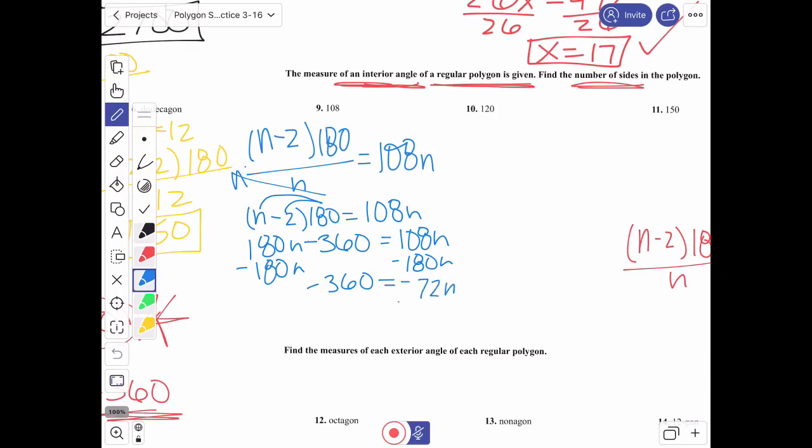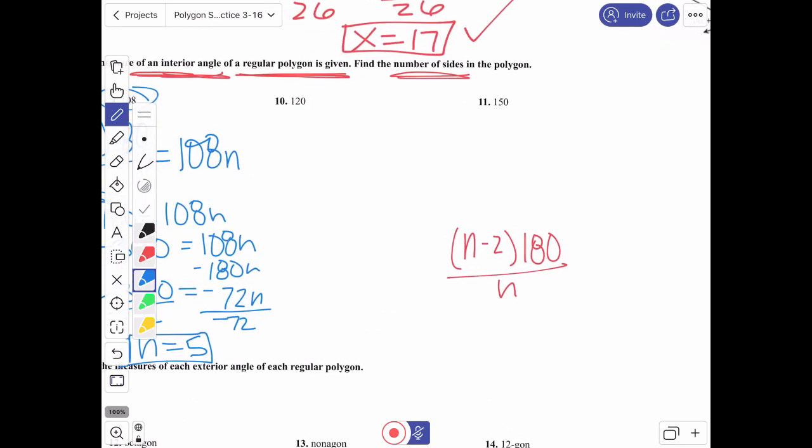And then if you divide by negative 72, you get n equals 1. No, that's not right. You get n equals 5. So that means in a pentagon, the measure of the interior angles is 108.